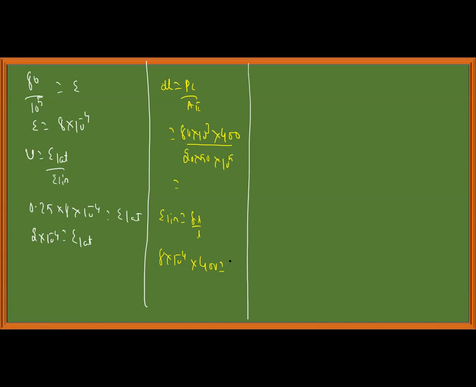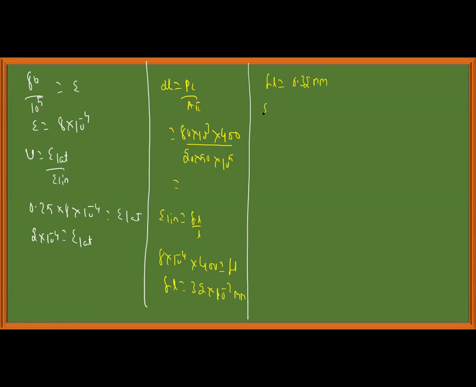This will give delta L. Tell me what is delta L? 8 4s are 32, so 32 into 10 power minus 2 mm, or delta L is 0.32 mm. Okay, I know delta L.